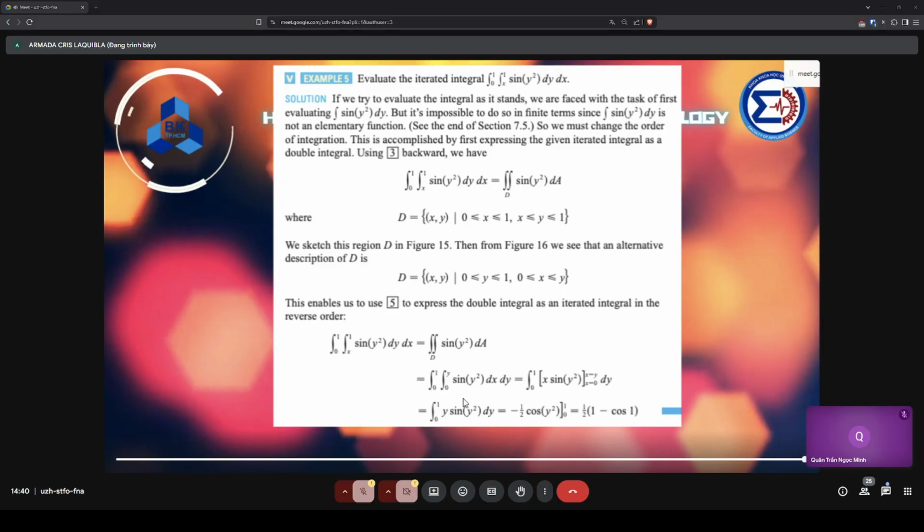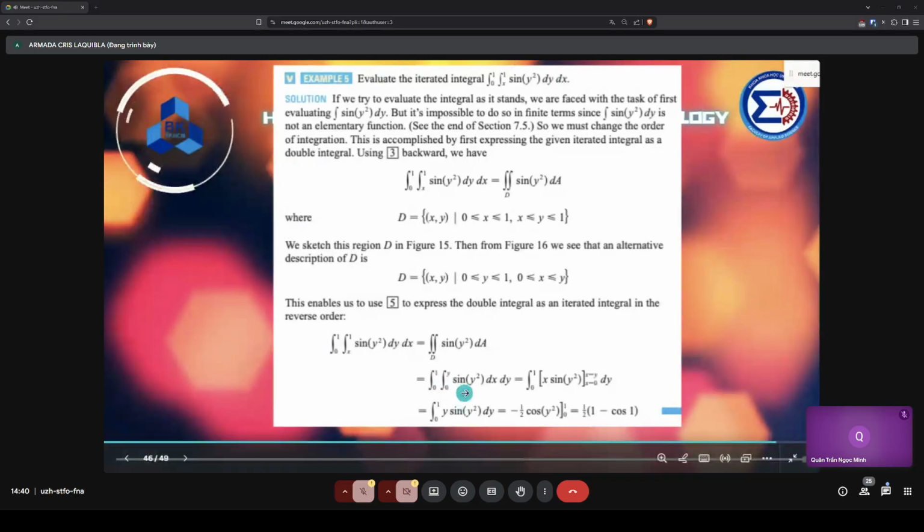Okay. Now, since this is constant, the integral of this, just multiply it with x. Correct? So that is why it's there x, then sine y squared, evaluated from x is equal to y, x is equal to 0. Now you substitute here y, it becomes now y sine y squared dy.